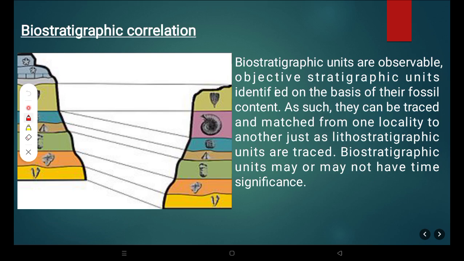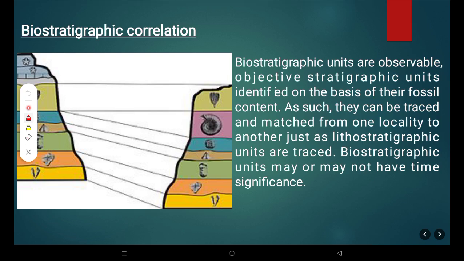I am not saying it will occur, but there are chances. In that case we can correlate, meaning they were deposited at a single time, when this rock was deposited at that time the same rock was deposited elsewhere.